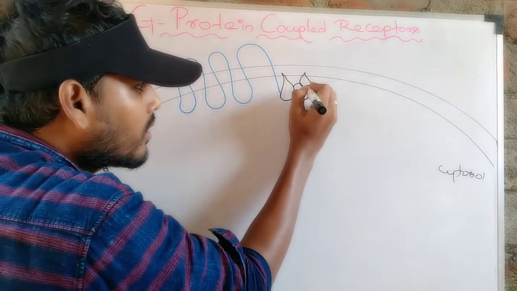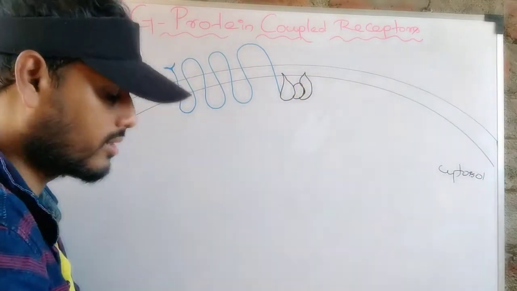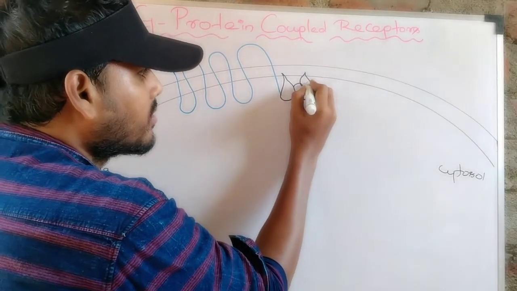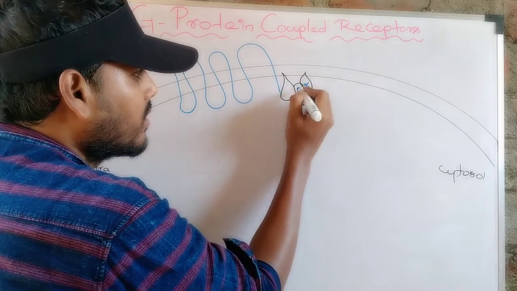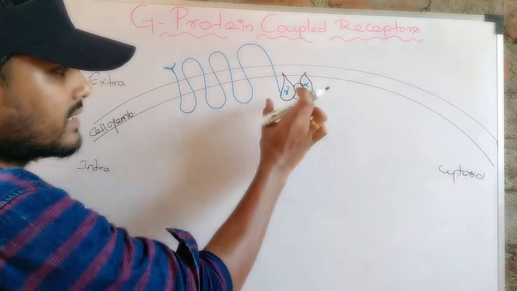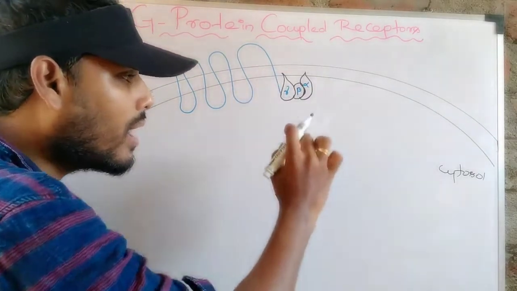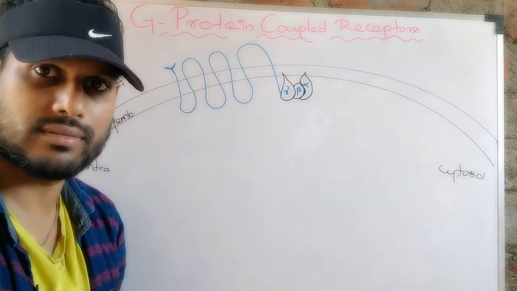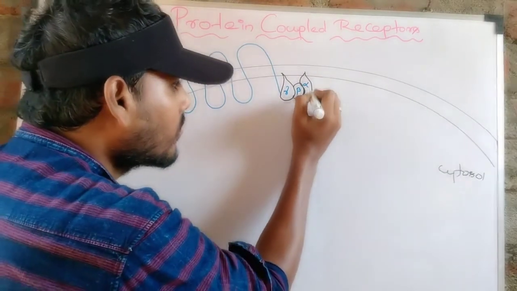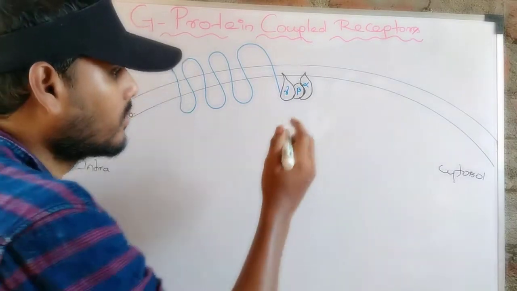I will make this a bit clearer. This is alpha, this is beta, this is gamma. These 3 subunits combined are known as the G protein.